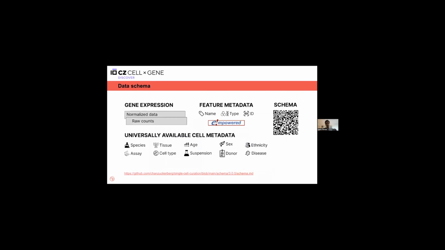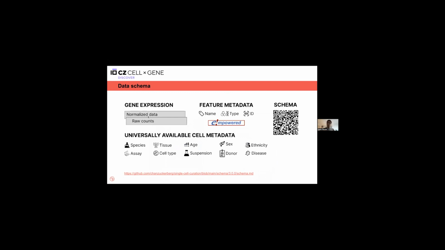Before I do that, I want to put a lot of emphasis on the kind of data that we have here in CELLxGENE. So we host these matrices that I just talked about, the gene by cell matrices, and we host the raw counts as well as the normalized data.